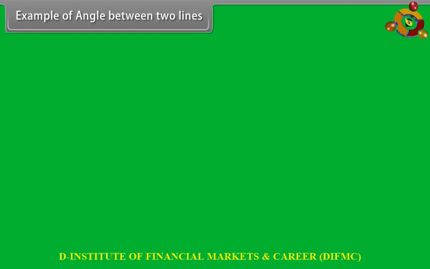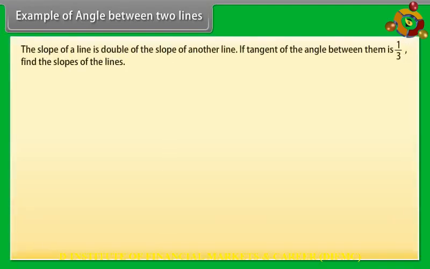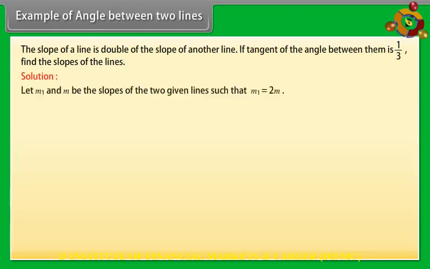Example of angle between two lines. The slope of a line is double the slope of another line. If tangent of the angle between them is 1/3, find the slopes of the lines. Solution. Let m1 and m be the slopes of the two given lines such that m1 is equal to 2m.